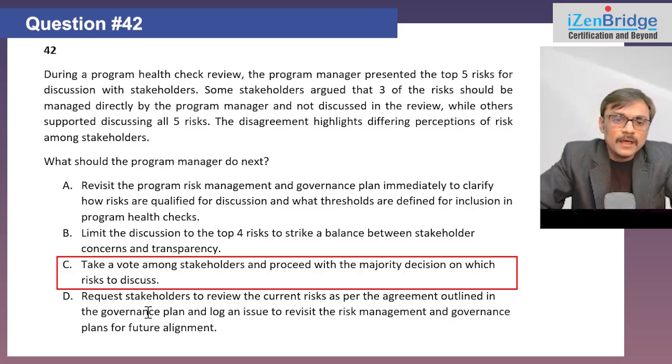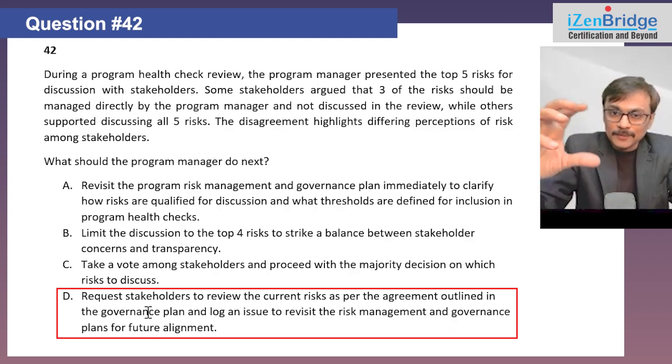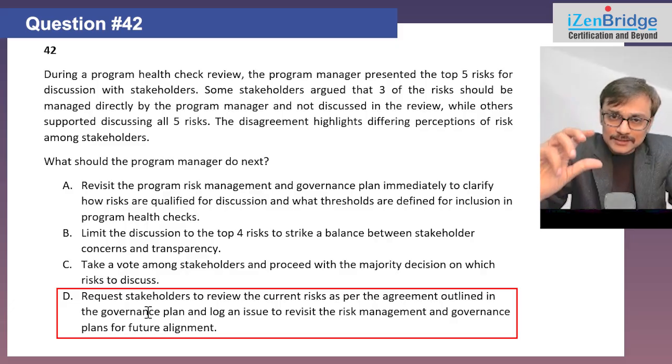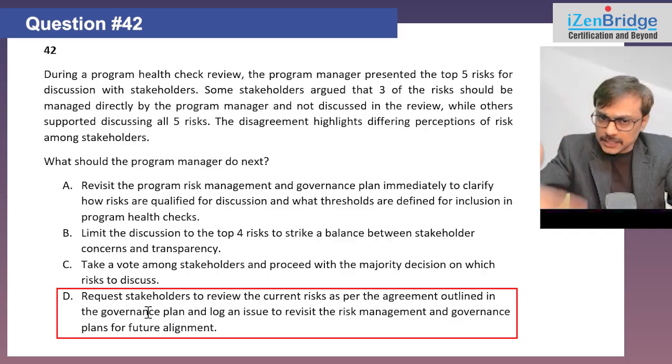Let's see option D. Request stakeholders to review the current risk as per the agreement outlined in the governance plan and log an issue to revisit the risk management and governance plan for future alignment. So now we can think about closely discussing the difference between A and D. Right now there is a conflict and an issue has arisen, a disagreement about the type of risk we should be discussing in our health check meeting.